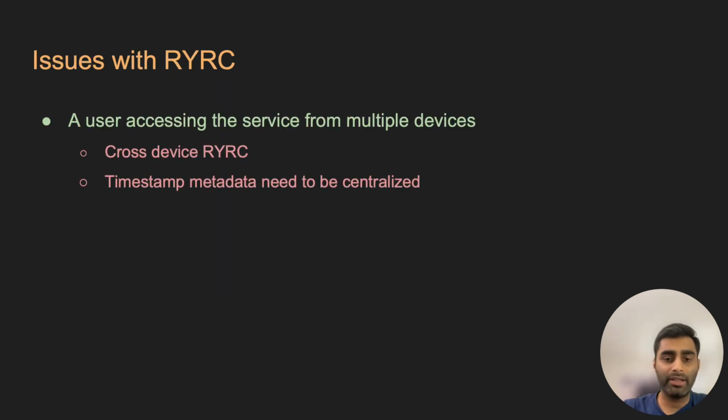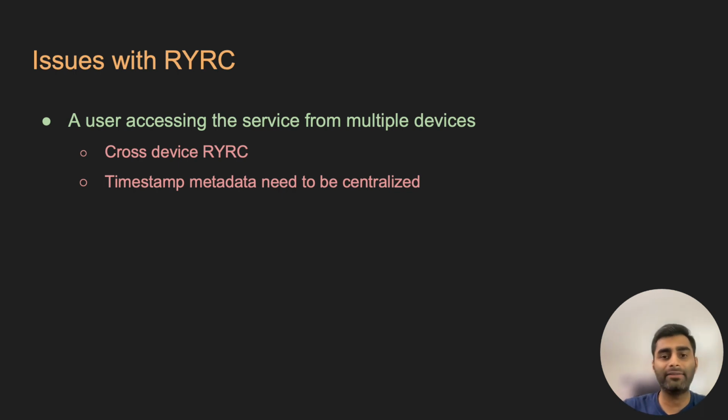So there can be some issues while implementing read your writes consistency. For example, complication will arise if the same user is accessing a service from multiple devices, for example, a desktop web browser and a mobile app. In this case, we'll have to provide cross-device read after write consistency.